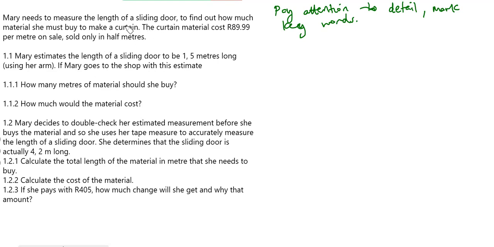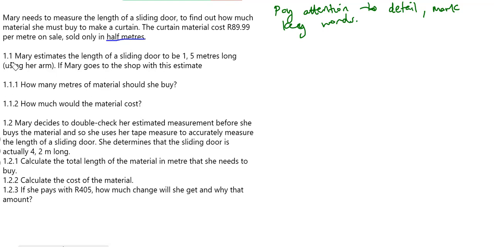For example, they are telling you that these curtains are sold per meter, but only in half meters. So they can sell you a meter or half a meter, but if you have, let's say, 1,3 or 1,6, you can't buy such. You can only buy in halves or as a whole.